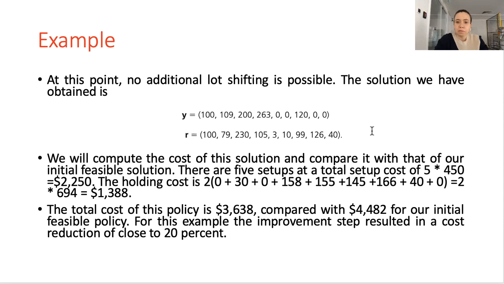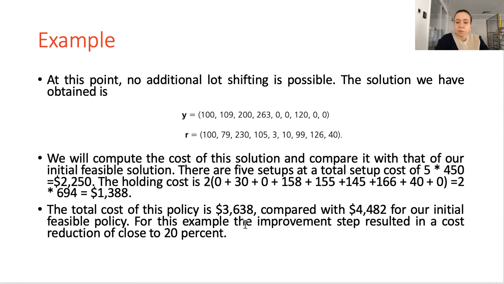Here is our final plan, and these are our requirements. When we calculate the setup cost, we see that it is $2,250, and we calculate the inventory holding cost and obtain $1,388, with a total cost of $3,638.